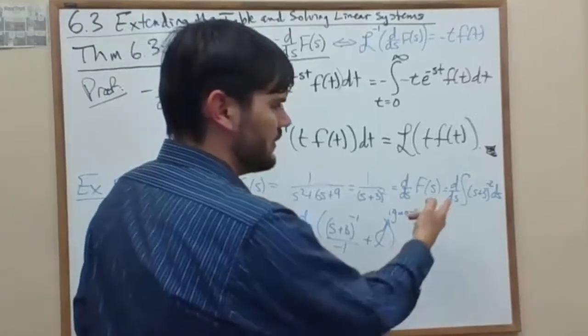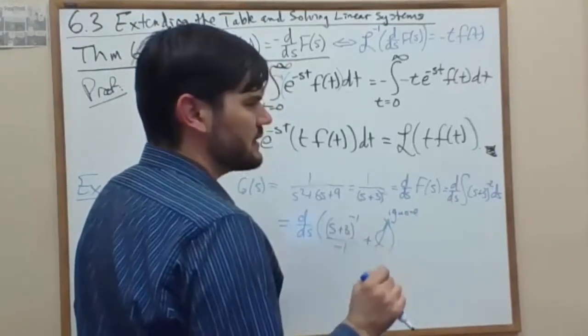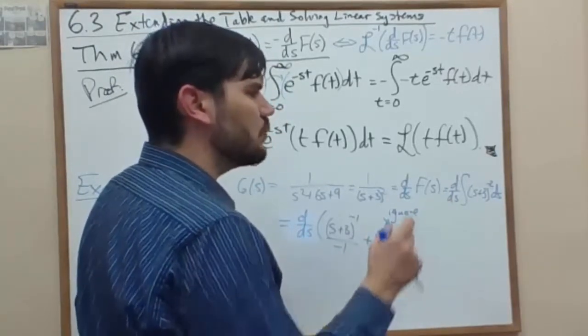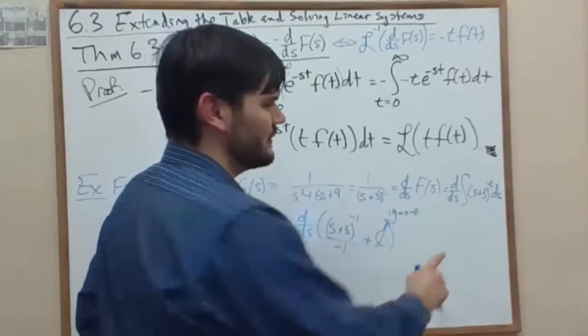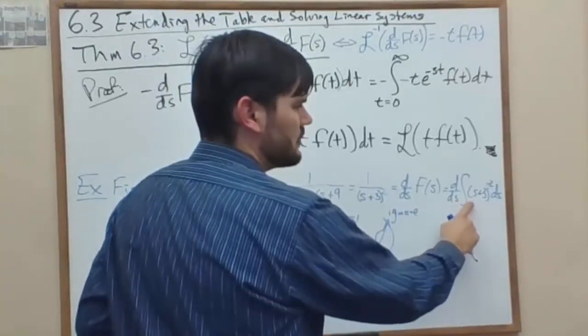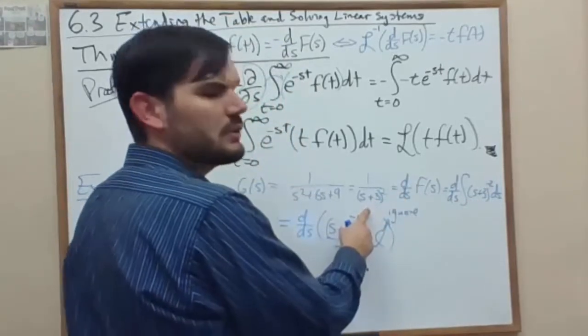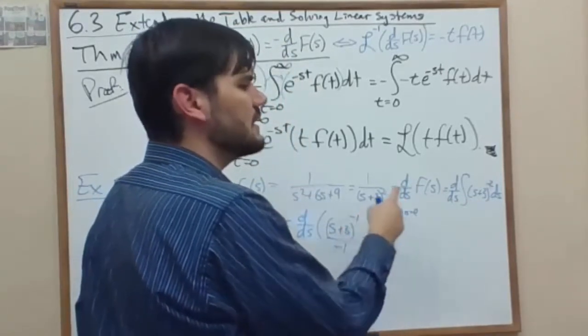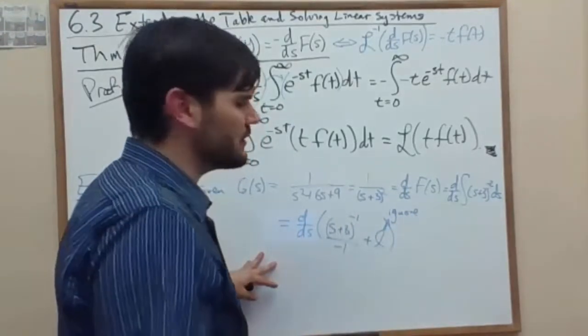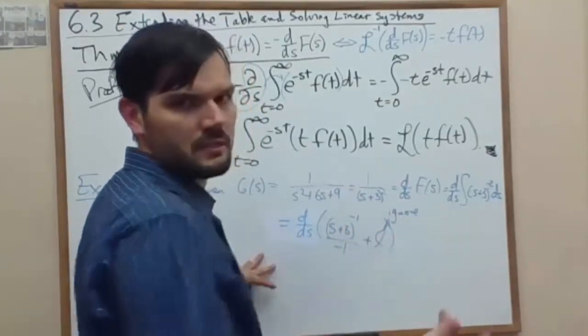Essentially, in terms of ignoring it, what we're doing is we are trying to find one helper function whose derivative equals 1 over s plus 3 quantity squared. Since there are lots of possible functions that do that, we only need one of them. We can choose the simplest version.